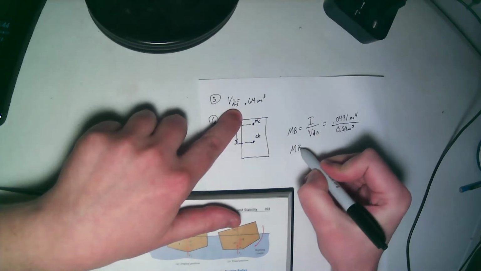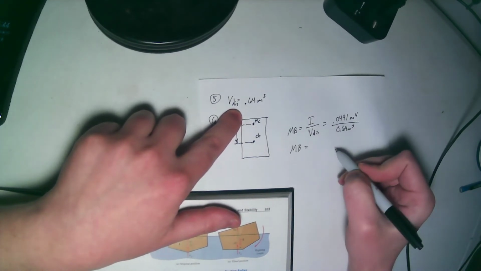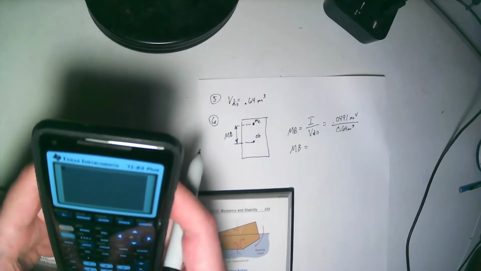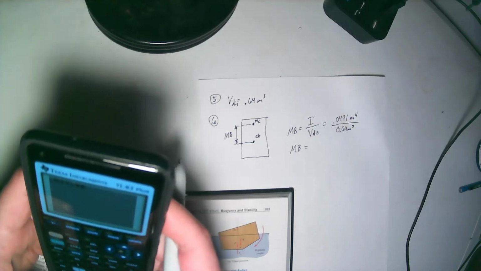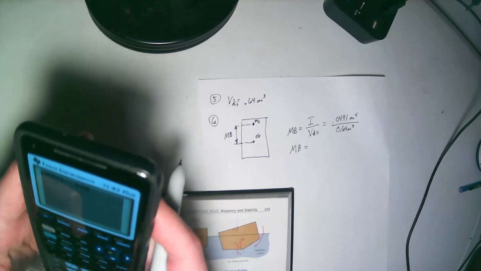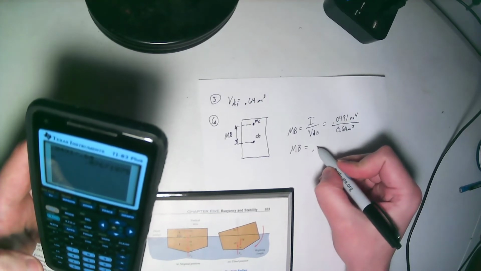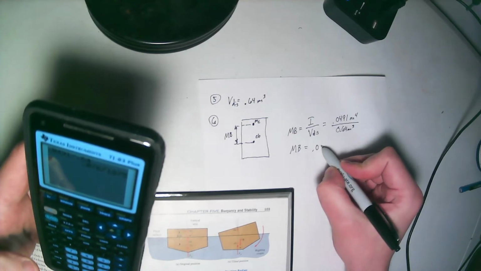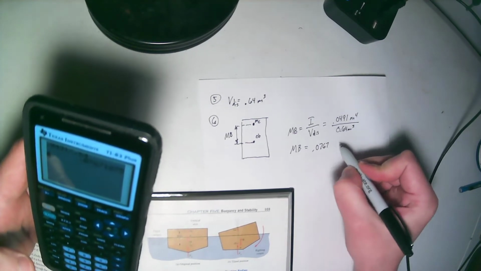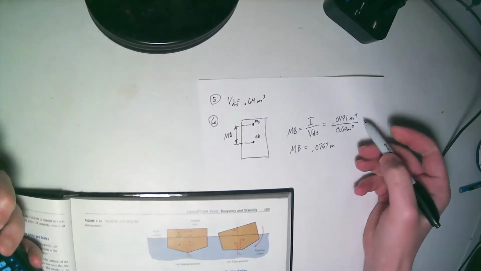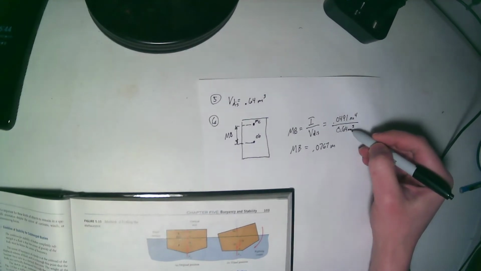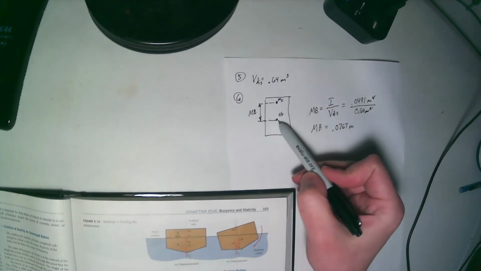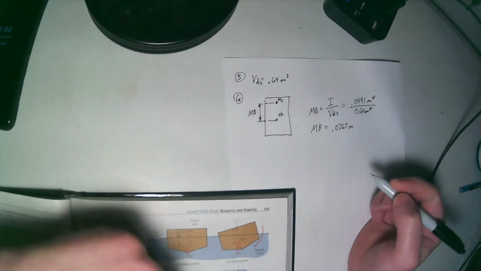Can't do that one in my head. 0.0491 divided by 0.64. So from buoyancy to metacenter, we get 0.0767. And that's just going to be meters: meters to the fourth over meters cubed, left with meters. So we have a distance from center of buoyancy to metacenter of 0.0767 meters.